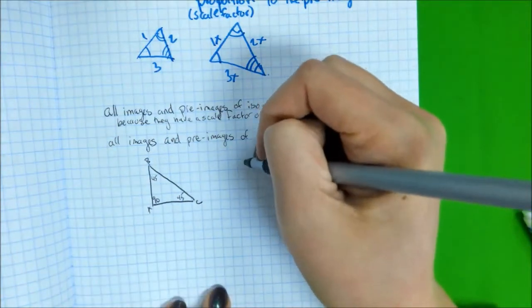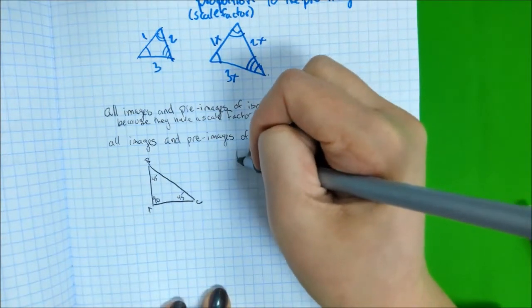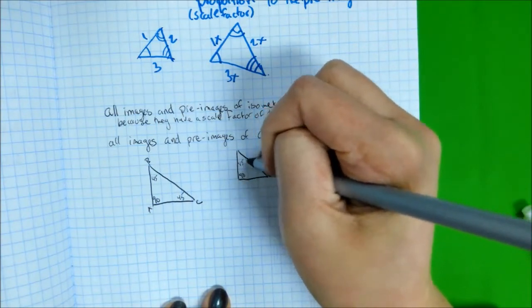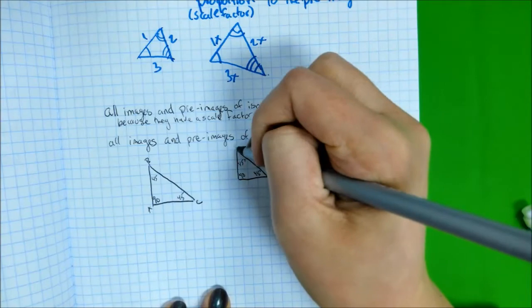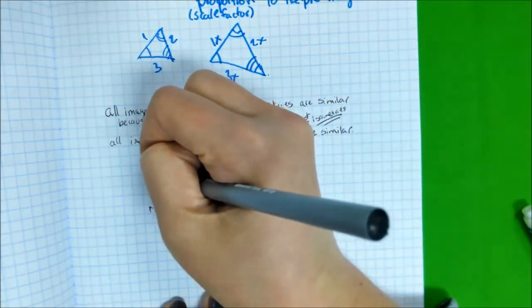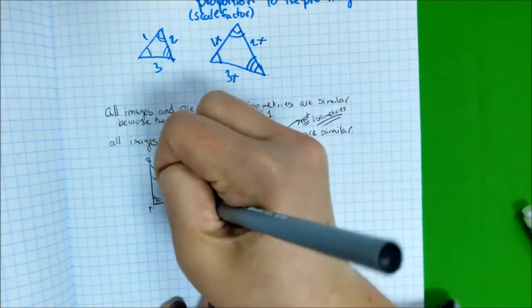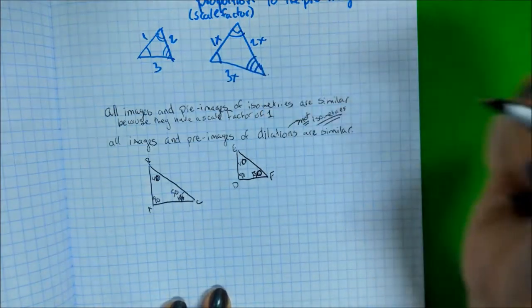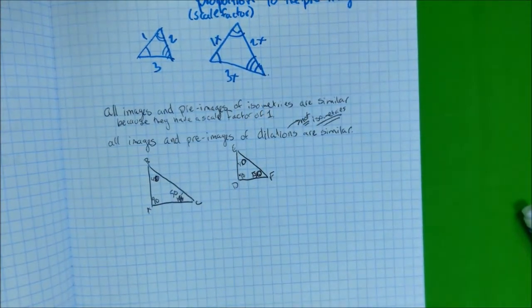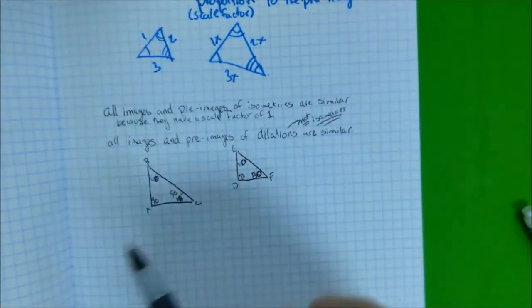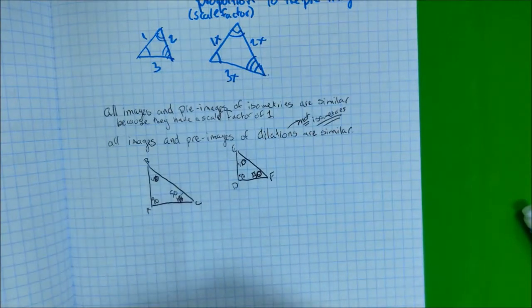And I had another shape, also 90, 45, 45. Ooh, let's change one of those. Let's change that 45 to 40 and 50. Okay, because I want to be able to differentiate between the two. So when B and E are both 40, C and F are both 50. Okay, so these two triangles are similar because they have the same shape and the same angle measure.